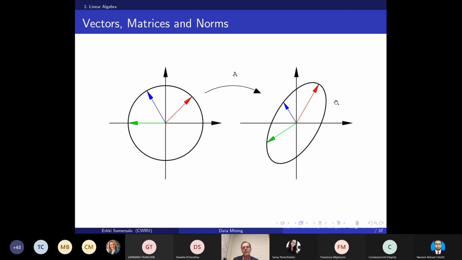Now you can go around this ellipse and try to find the vector which has the maximum length. In this case, the red one has the maximum length on the image side. And so the length of this red vector on the right divided by the length of this red vector on the left is the norm of A. It tells you how much A is capable of stretching a vector. So that's the induced norm.